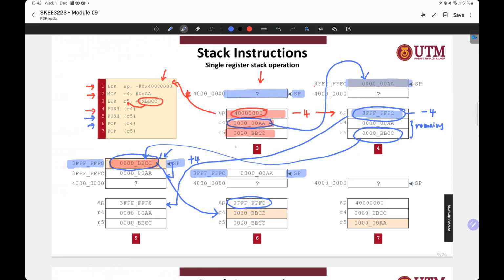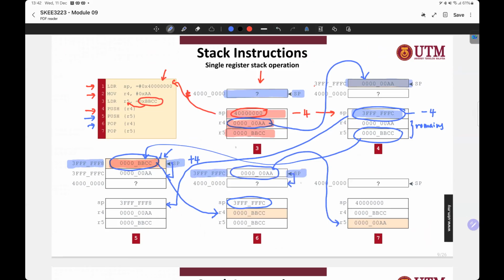On line number 7, you see another POP R5. So what happened? This data, the last data inside of the stack, will be sent to R5. Next, what happened to your stack pointer?